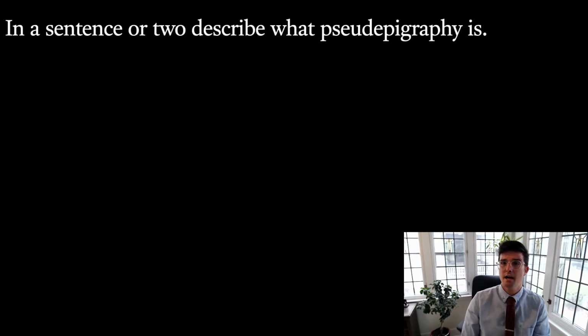As far as our objectives for this week, we're going to be talking about pseudepigraphy. So we're moving from Pauline texts that are undisputed to one Pauline text that's disputed and another text that is not attributed to Paul, but seems to, or at least in the history of Christianity, has been put into conversation with Paul.